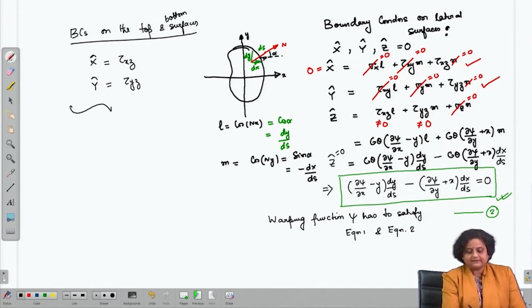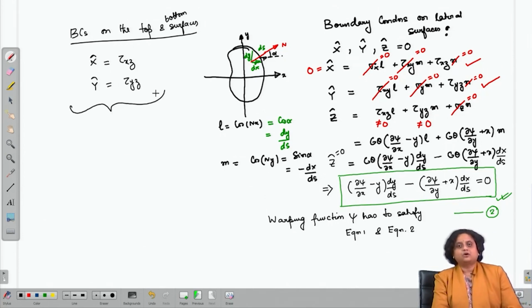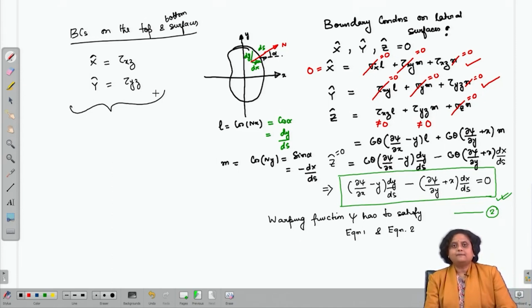So, this is exactly similar to the circular cross section shaft, so I am not re-deriving it. You can derive it on your own and see that this is the criterion that the shear stresses need to satisfy on the top and bottom surfaces, which can be taken care of by using the approximation that we have discussed in lecture 4.